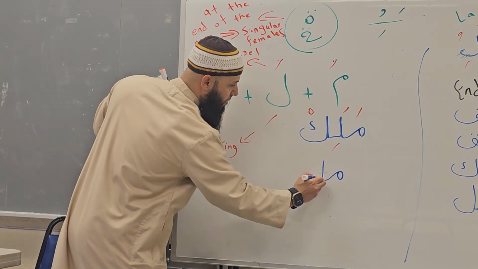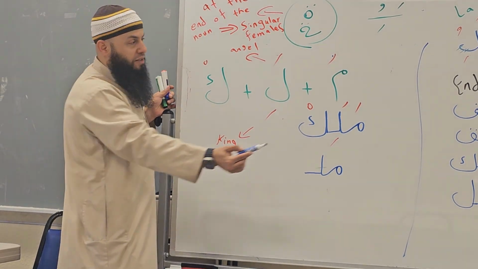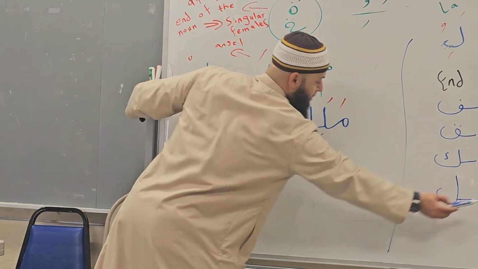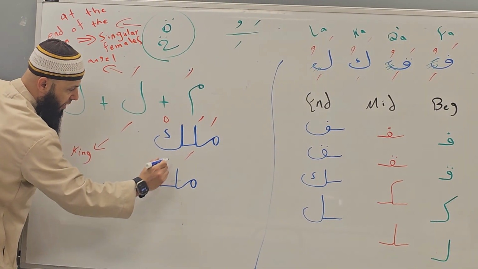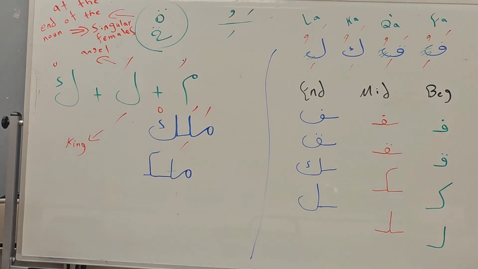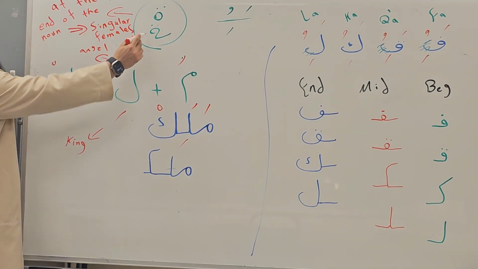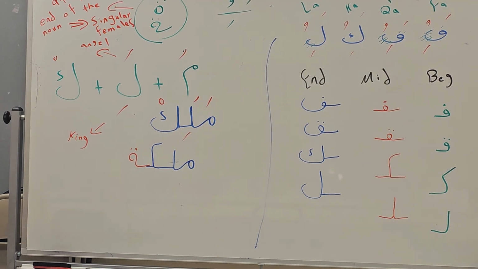Ma, li. Now the ka is not at the end of the word anymore. It's in the middle now, because there's a letter coming after it. So it's like that. Queen. And then you add the ta marbuta. That changes it into a female.